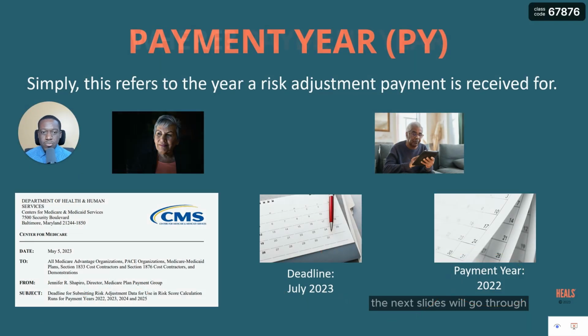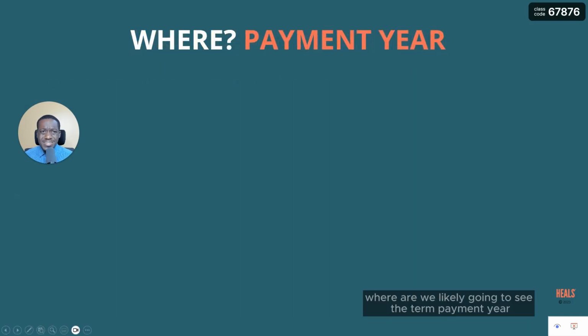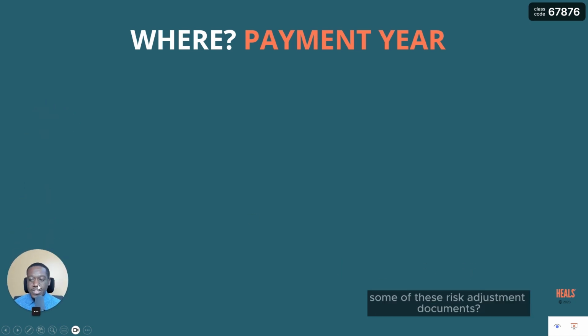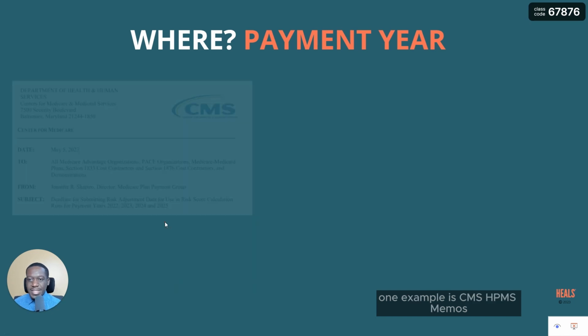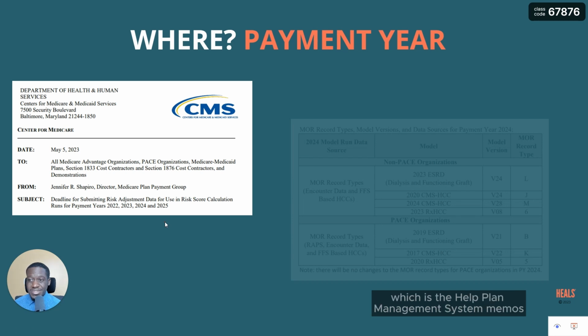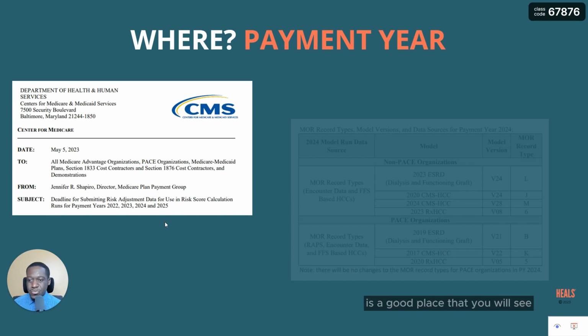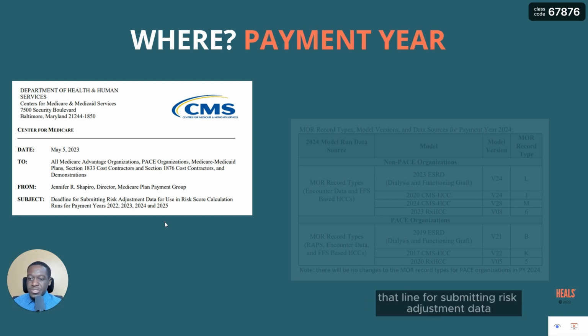The next slides will go through where we are likely to see the term payment year. Where should we be looking for payment year as we go through some of these risk adjustment documents? One example is CMS HPMS memos, the Health Plan Management System memos, which are a good place where you will see the terminology payment year. So for example, deadline for submitting risk adjustment data for use in risk score calculation for runs for payment year 2022 through 2025.